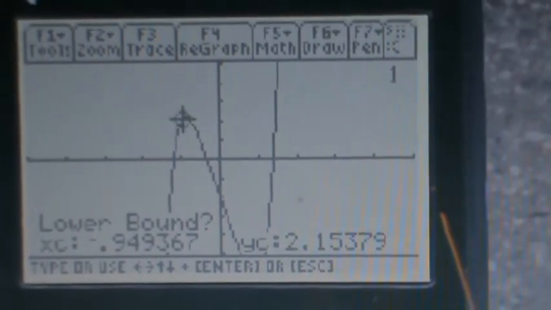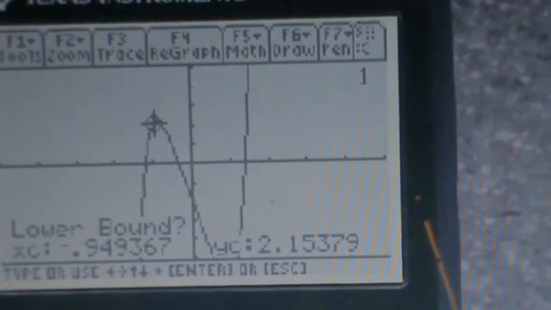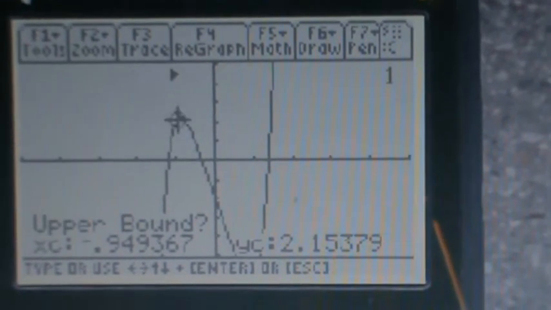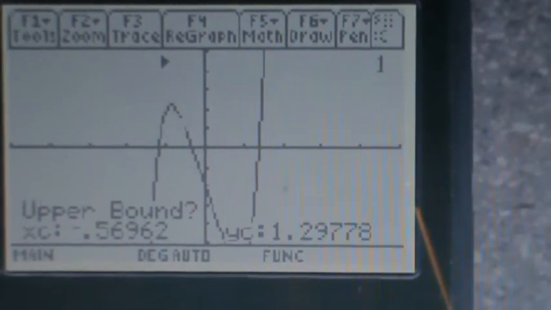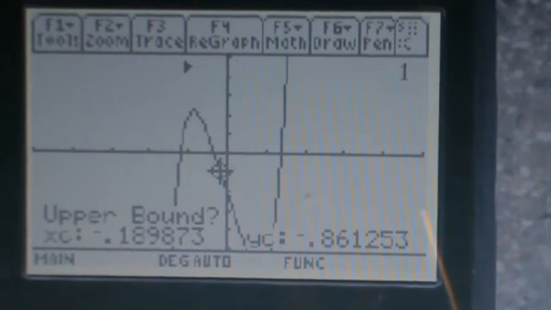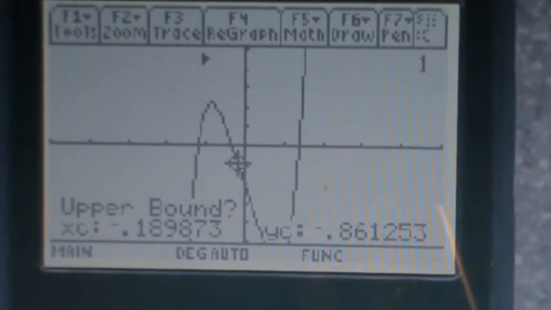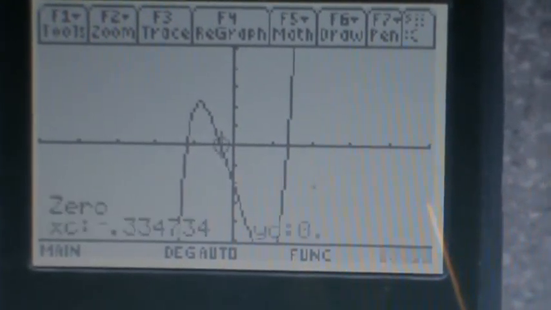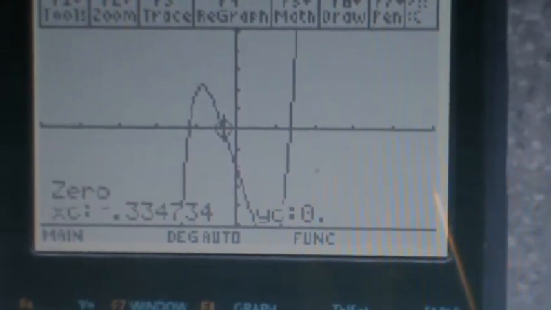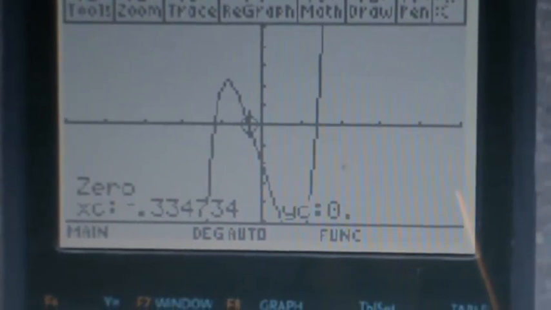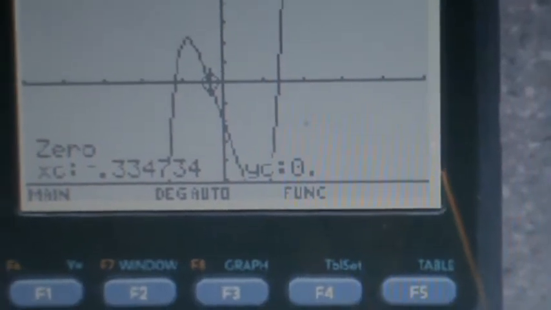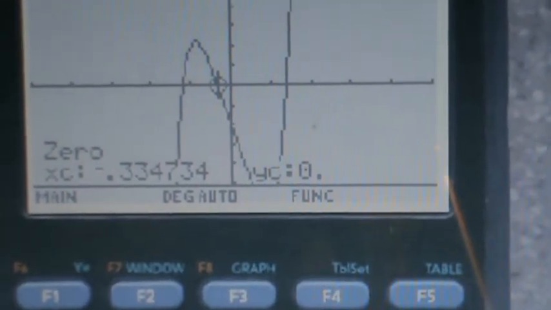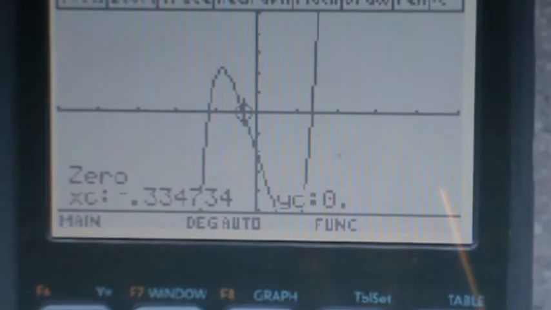Here, they're already set up for my lower bound. Now I'm going to do the upper bound, and I get a 0 of negative 0.334. And I write that on my paper.